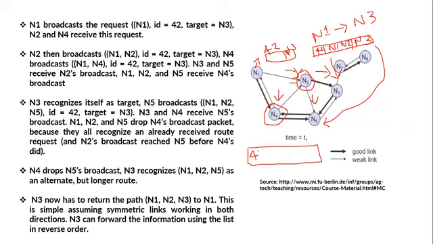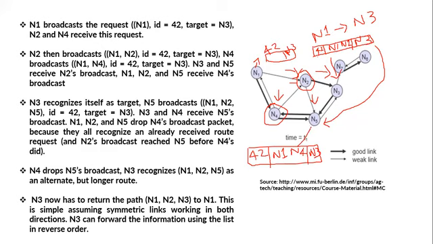The ID of the packet is 42. The path traversed is N1 and N4, and the destination is, in this case, always N3 only.